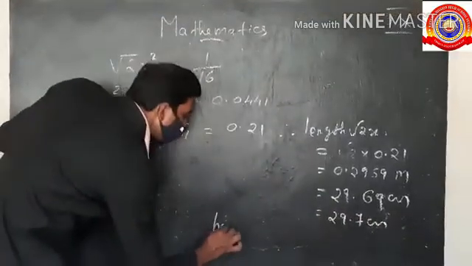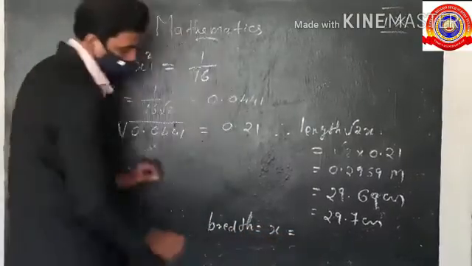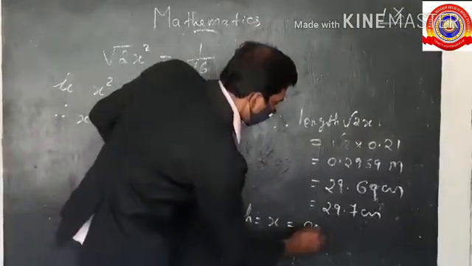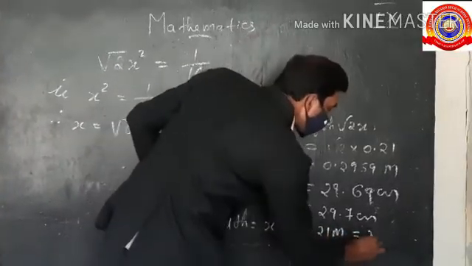Therefore, breadth is equal to x is equal to 0.21 meter is equal to 21 centimeter.